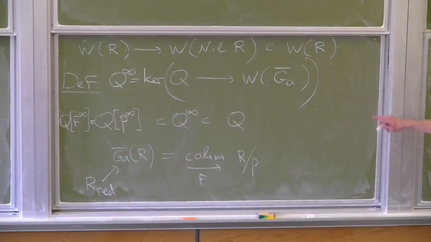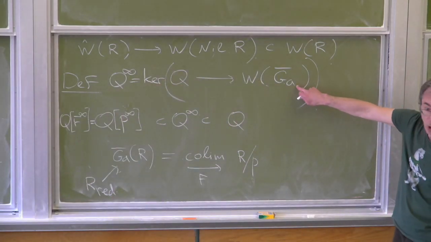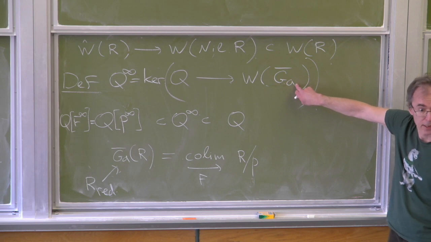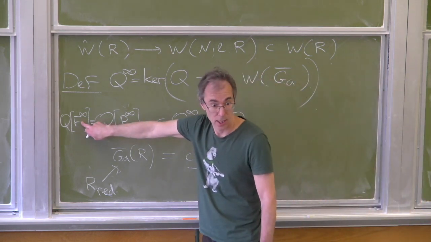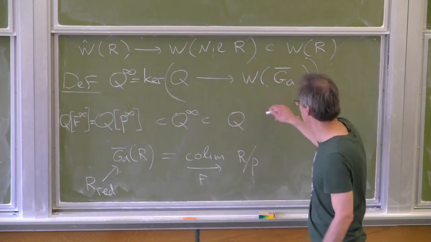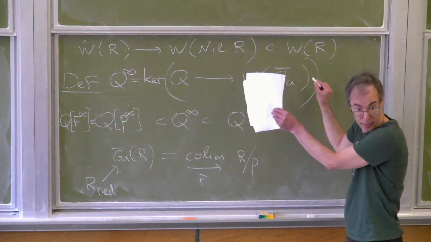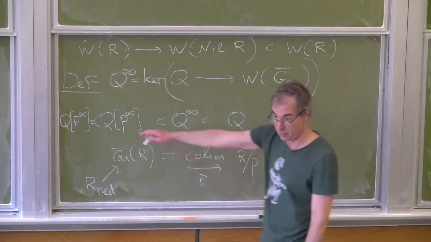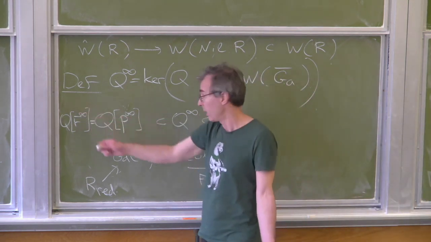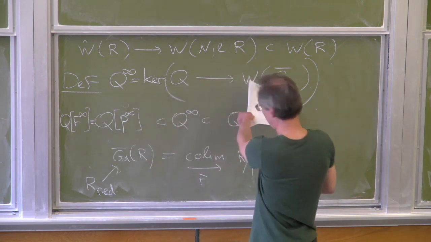Why is that? That is because multiplication by p here, as well as Frobenius, is injective. This is W of a perfect ring. So that means that if I have any element which is killed by F in Q, it definitely dies here.